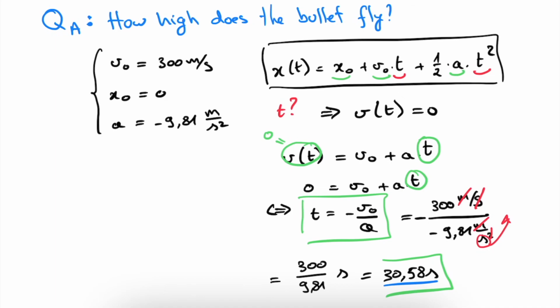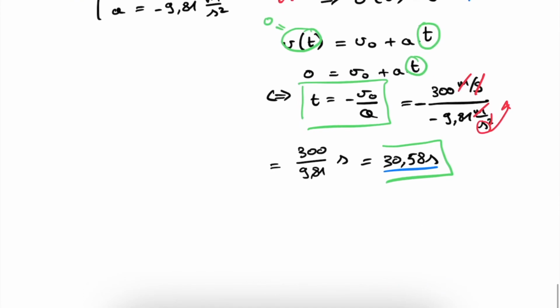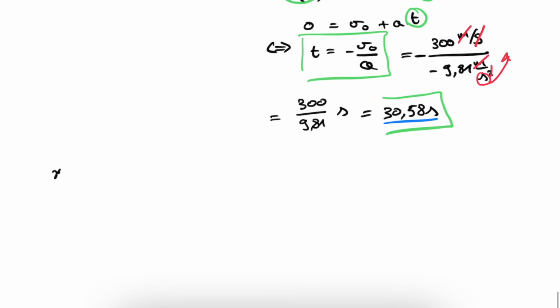Having this t, we can now directly fill it in our formula to find the maximum height. Let's do that right now. So we had that x of t is equal to x0, our initial position, plus v0 times t, plus 1/2 a times t squared. And now we actually have all of the information to fill in this formula, because we know t, which is just what we just found. We know a, 9.81 meters per second squared.